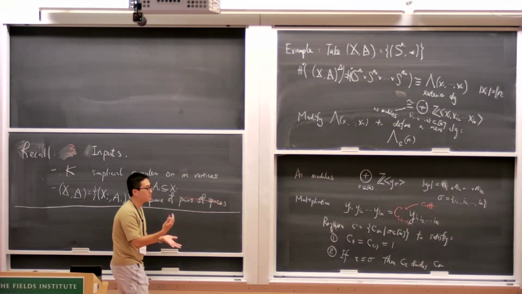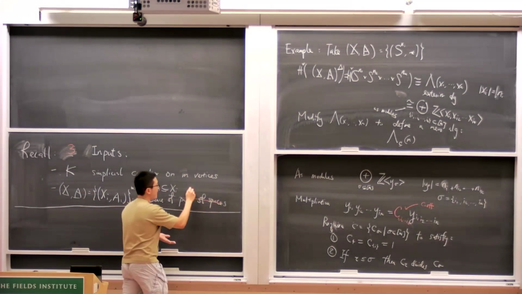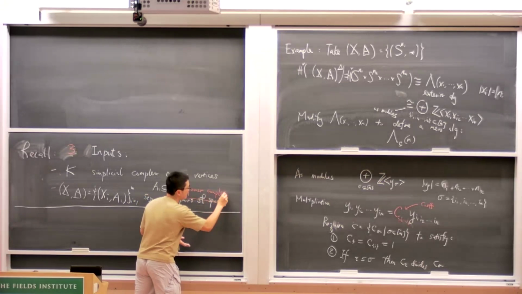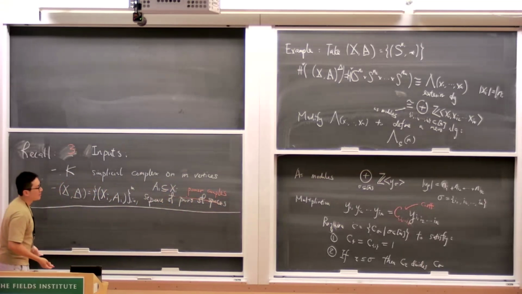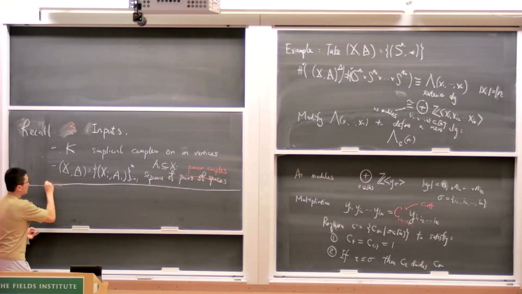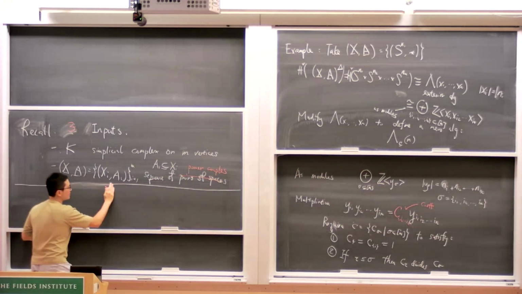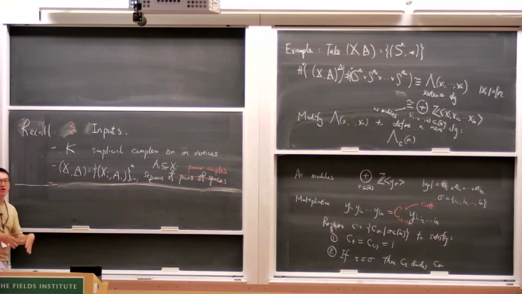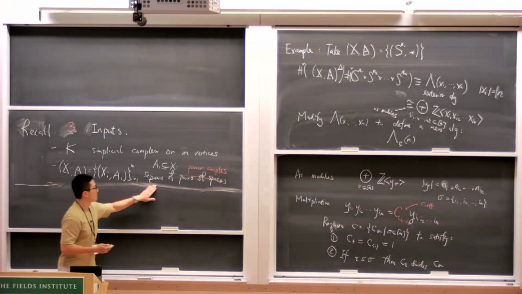And we call this kind of pair of spaces a power couple, which I'm going to explain in a minute. And the third input is at the same time to ensure the coherence of all the degree maps.